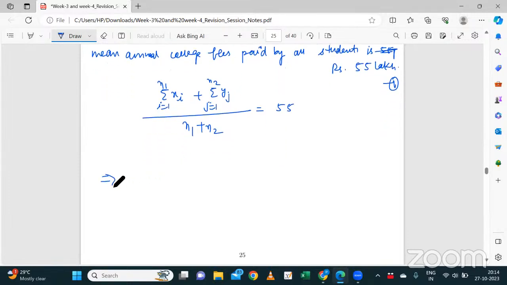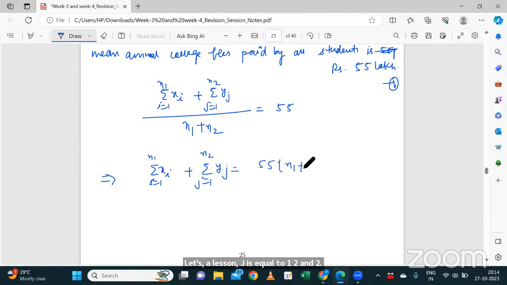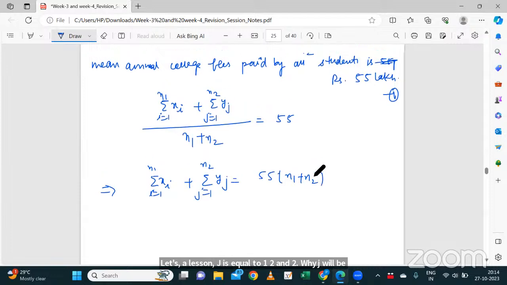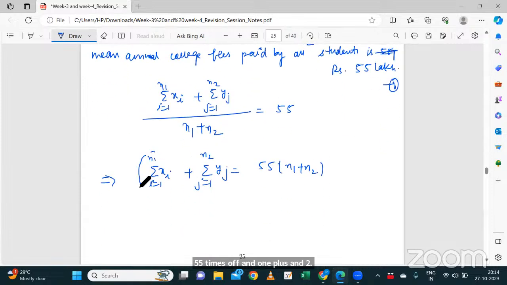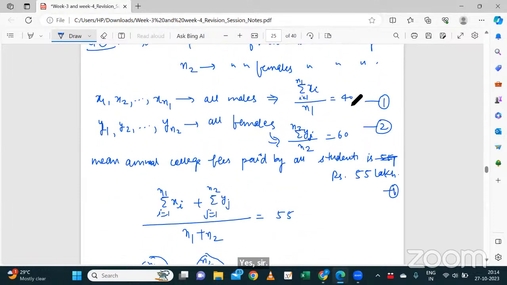So we need to solve this equation. The summation of xi, i from 1 to N1, plus the summation of yj, j from 1 to N2, will be 55 times N1 plus N2. Now, what about these two quantities? Can I find these two from equation number 1?